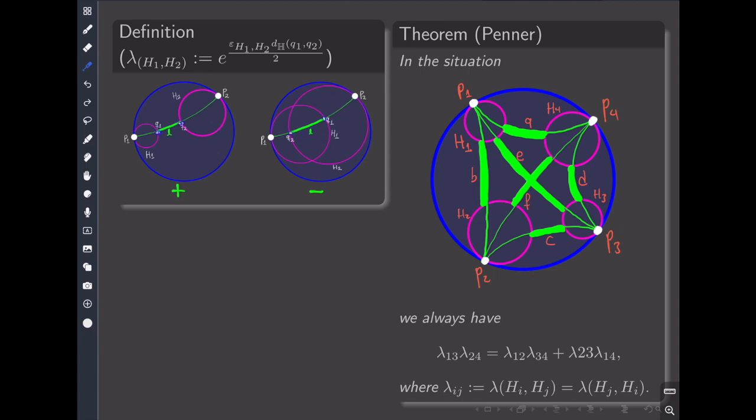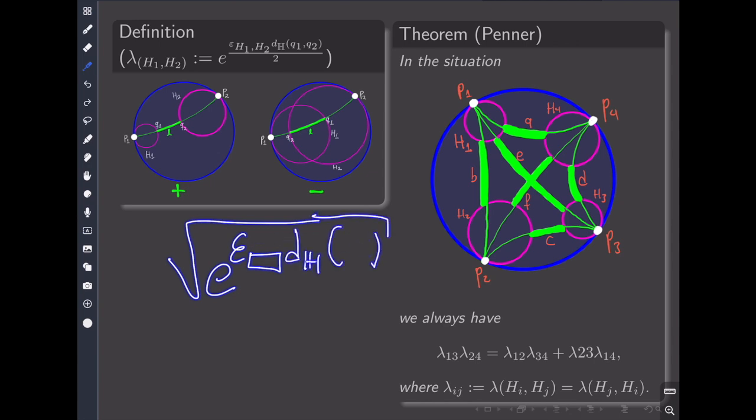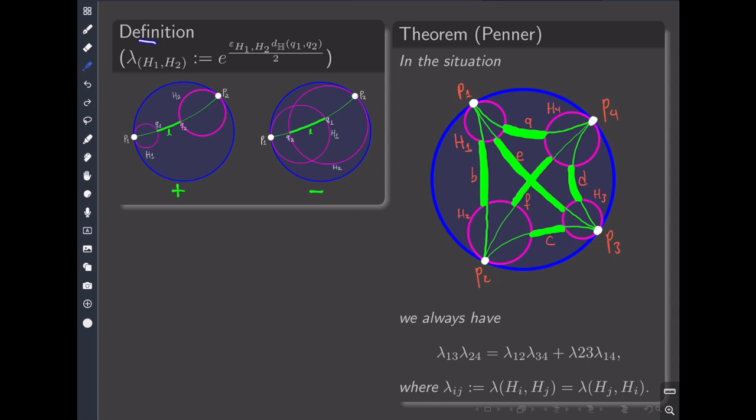This exponential is like the square root of the exponential of epsilon times the distance h, and this we call the signed distance between the two given horocycles.